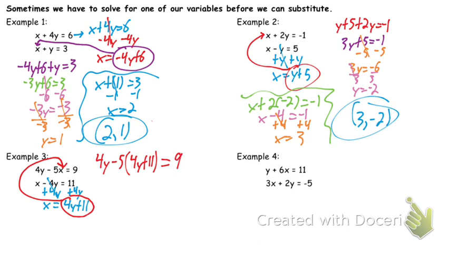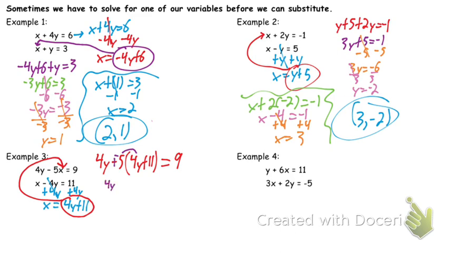Any questions on this part up to here? Okay, so from here we have to distribute. Now once again, a flashback to last semester, it can be helpful to think of that negative as plus a negative 5 sometimes. So as we distribute, you have negative 5 times 4y.